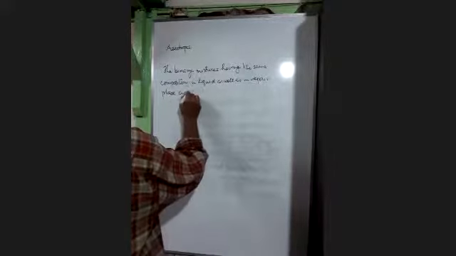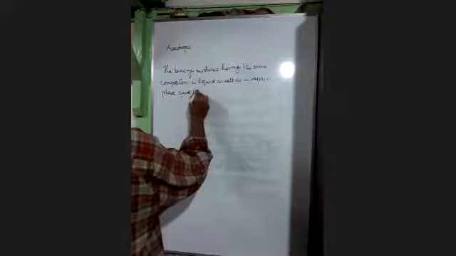So the binary mixtures having the same composition in liquid as well as in vapor phase, and boiling at a constant temperature, so you cannot separate them.